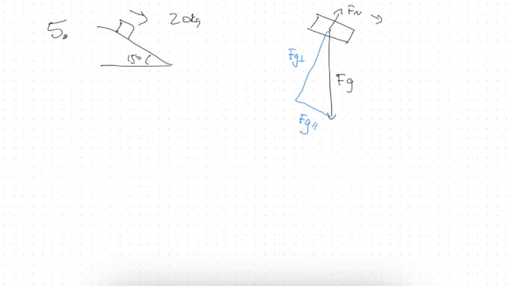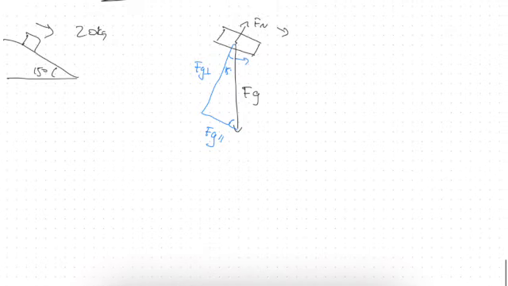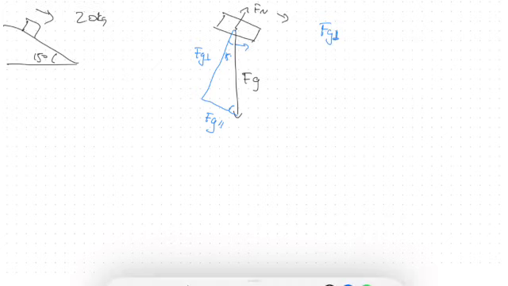One of the tricks of these questions is remembering, where do I put the angle? Is it here in the top or here in the bottom? And the answer is here in the top, 15 degrees. So I'm just going to go over to the side here to calculate force of gravity perpendicular and then the other one first. And I need to remember my SOHCAHTOA.